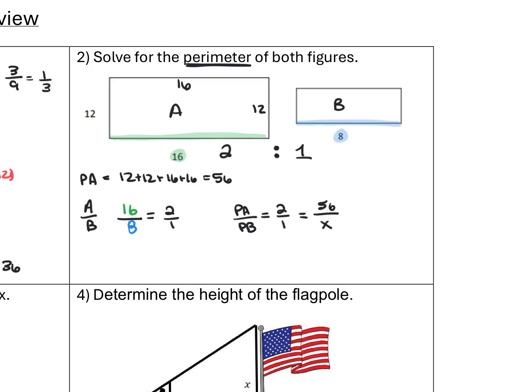I don't know the perimeter of B. So here I am, I'm going to cross multiply again. So I've got 2x is equal to 56. Well, I'm solving for x, so I'm going to divide that 2 out. And I'm left with x is equal to 28.